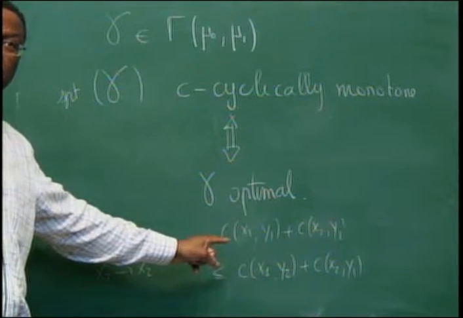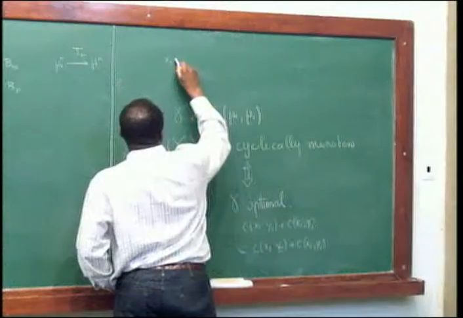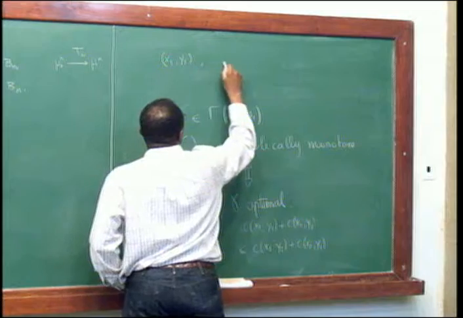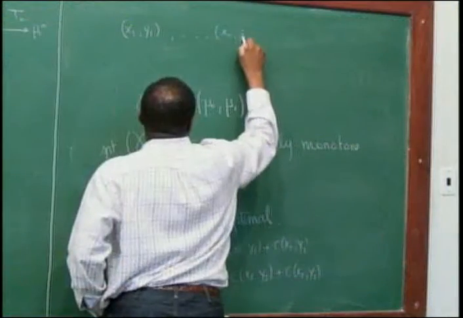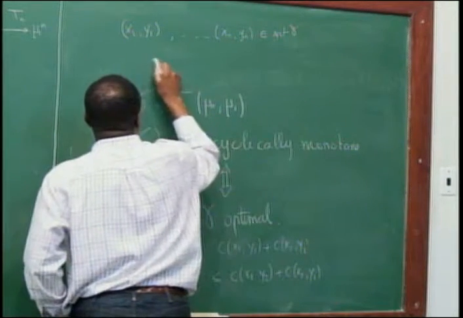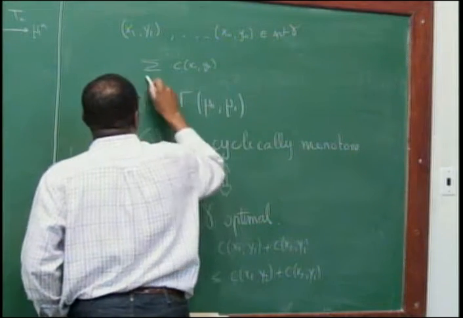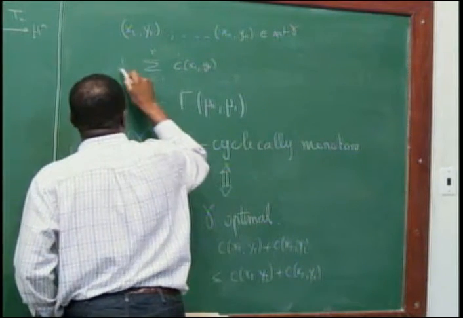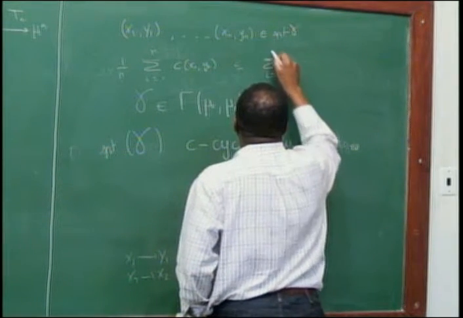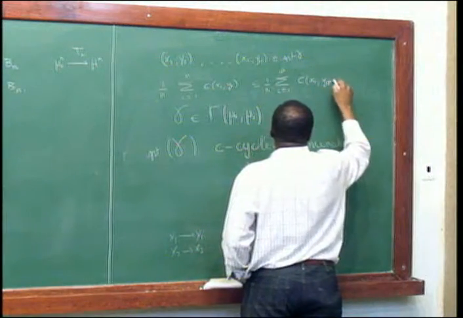This is a necessary condition. It is not sufficient. The necessary and sufficient condition is the following. If I take an arbitrary number of points (s1, y1), ..., (sn, yn) in the support of gamma, and I look at the cost, the sum of C(si, yi), i from 1 to n, 1 over n, and I compare it to the cost C(si, y sigma(i)).